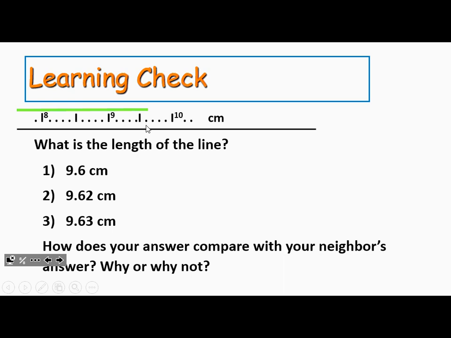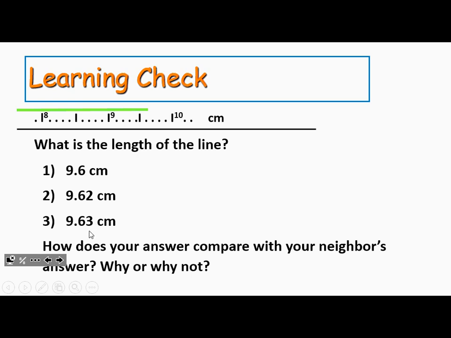So, could I call it 9.6 and be correct? No. I know it's 9.6. I know it's not 9.7. Could I call this 9.62 and be correct? Absolutely. That 2 I estimated.